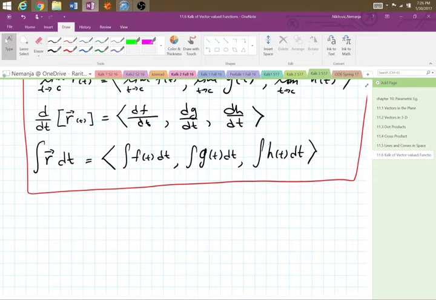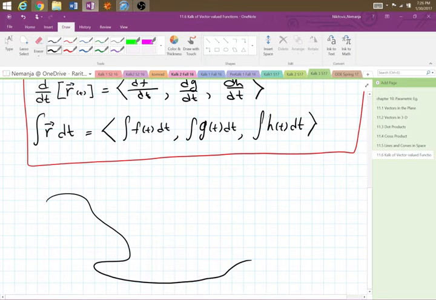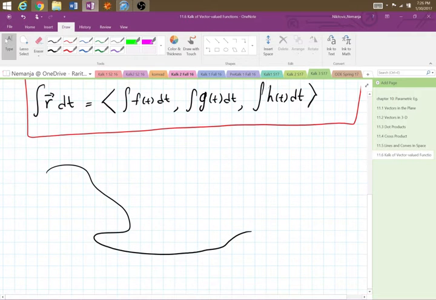We already know that some kind of curve in space, this awesome curve in space, is represented as r of t, which is a path in 3D, and you have a little ant walking on it.